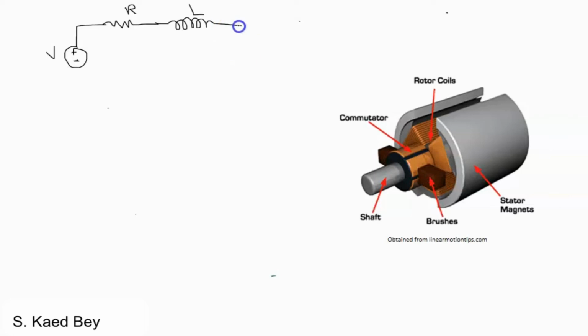Now remember, we said before that there is a back EMF voltage which is a function of the angular velocity. So we can present this as a voltage source as well. However, since the back EMF is in opposite polarity to the applied voltage, we're going to express it as minus plus, which is opposite to the applied V. So this is the electrical representation of the DC motor.